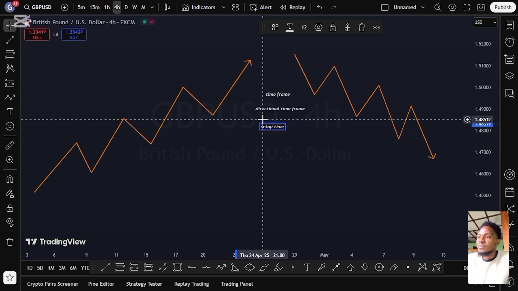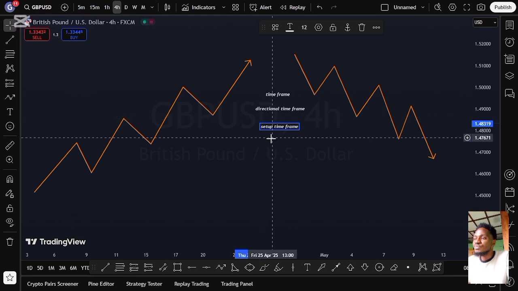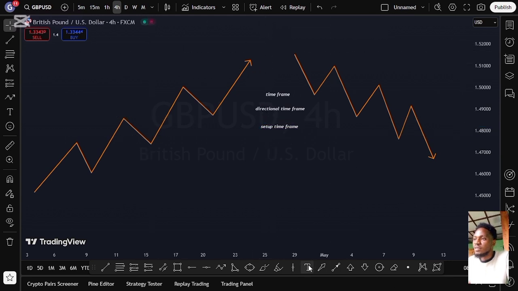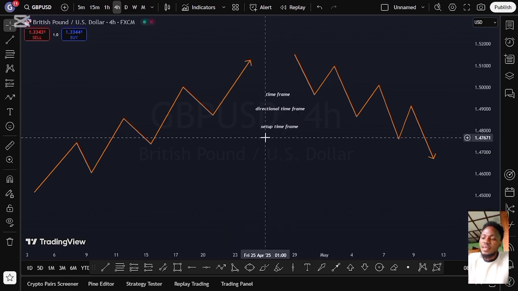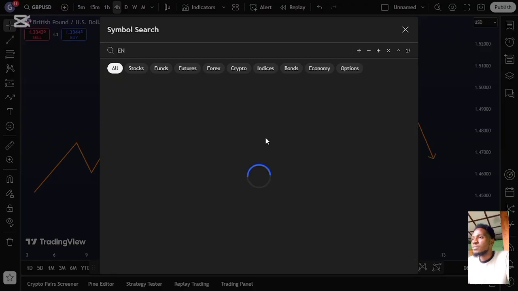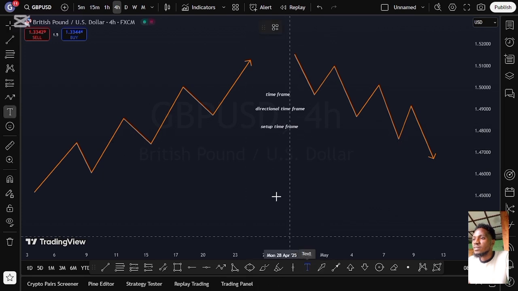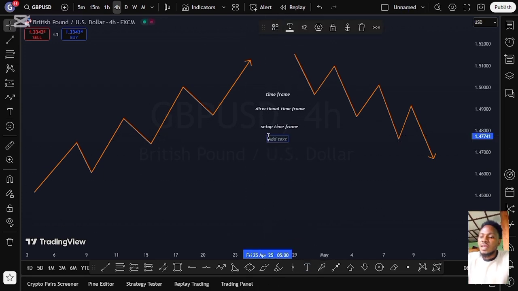Setup time frame. Okay, all right. And there's what I call my entry time frame. My entry time frame. Okay, what happened? Oh, I didn't pick this. Okay, so entry time frame.